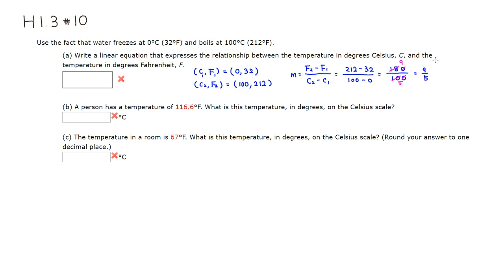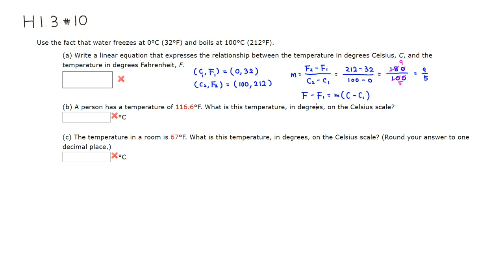Then you can use the point C1 comma F1. It might be a little confusing because we're using different letters. So you can write the equation as F minus F1 is equal to slope times quantity C minus C1.